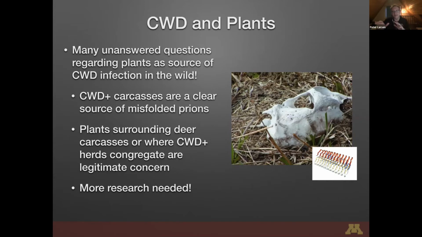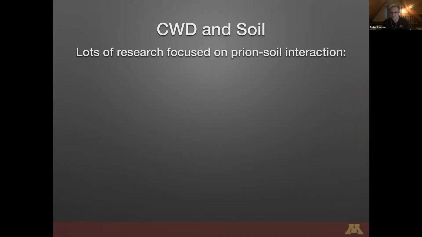And then along that same line, if you have a herd of CWD positive deer on the landscape, and the infection status is quite high, let's say something like 50% of animals in the herd are positive, and they herd up maybe in the winter, every day the feces and the urine that are coming out, right, that accumulates in the environment. And I'll talk a little bit about water, and how that plays a role in this. So be thinking about how prions can get concentrated in the environment.